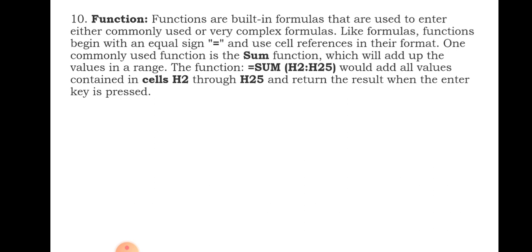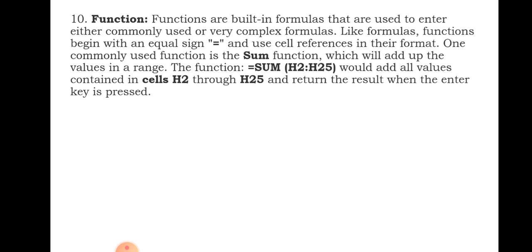Like formulas, functions begin with an equal sign and use cell references in their format. One commonly used function is the SUM function, which will add up the values in a range. If you want to use SUM, this is how you use it. You start with an equal sign, just like we said in formulas.